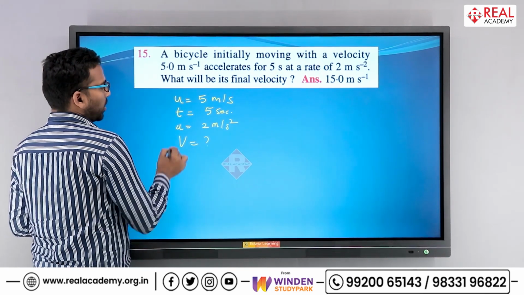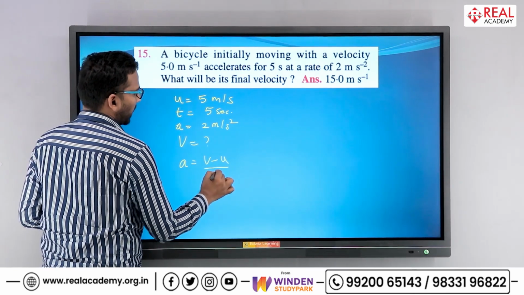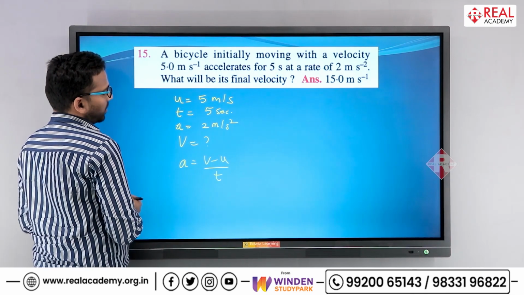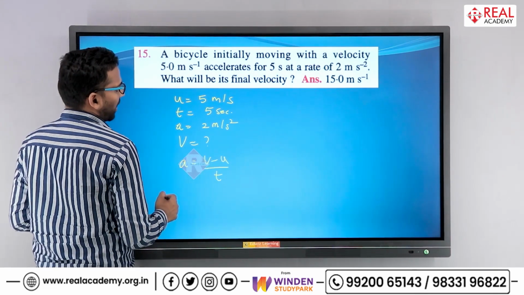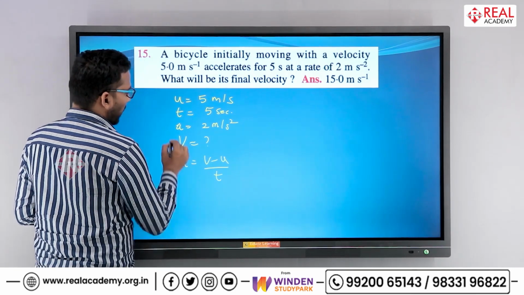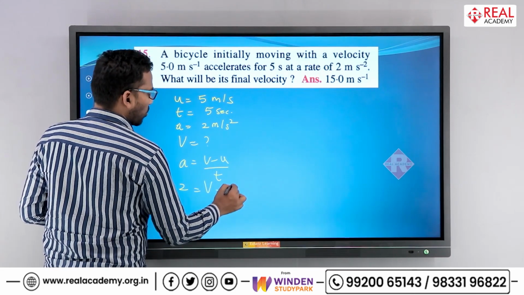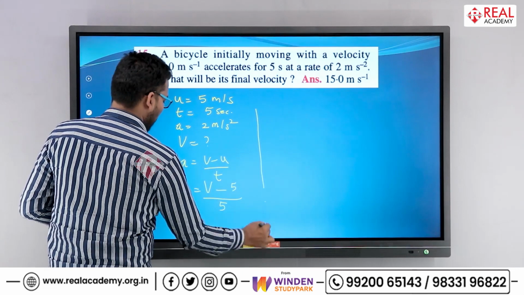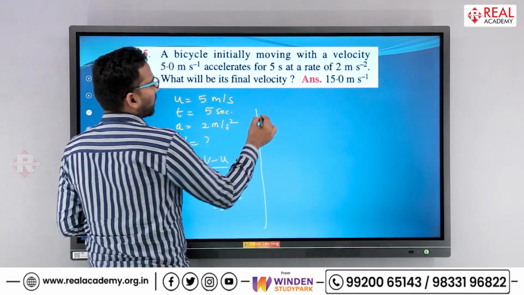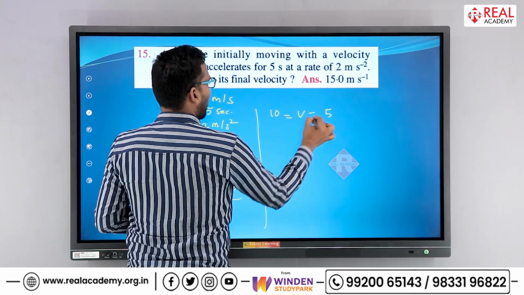Right? Final velocity. So from the formula of acceleration, that is A is equal to V minus U by T, we can find the value of final velocity. So acceleration is 2 meter per second square. U is 5 meter per second and T is given as 5. So 5 twos are 10, equals V minus 5.